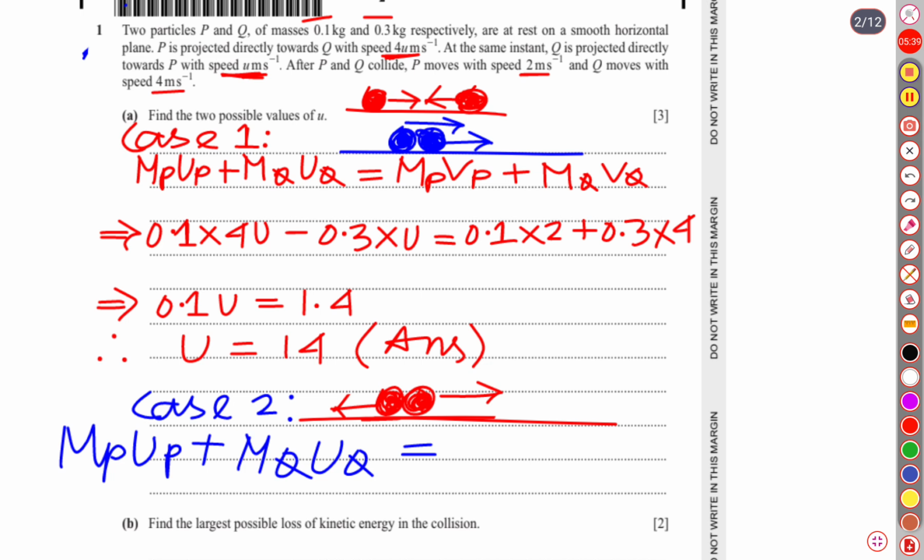Let P be negative. In this step we just apply the formula: mass of P into final velocity of P plus mass of Q into final velocity of Q after the collision. Then we are going to substitute the values.